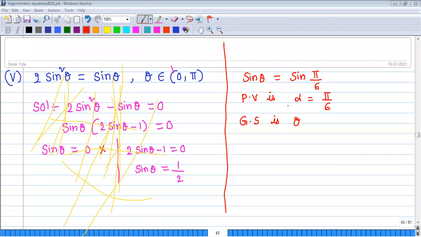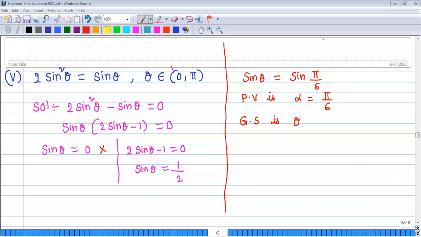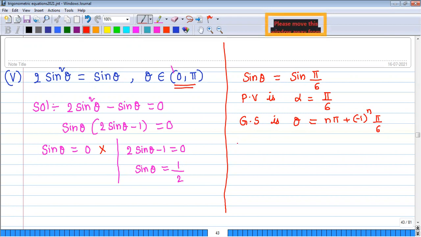Let us wait 1 minute. Now it's clear. Yes, sir. Theta is equal to n pi plus minus 1 to the power of n alpha, that is pi by 6. So we need to find out the solution in between 0 comma pi, particular solution.